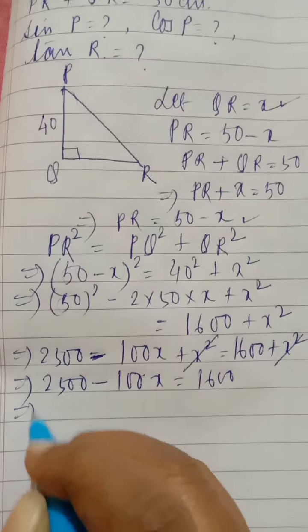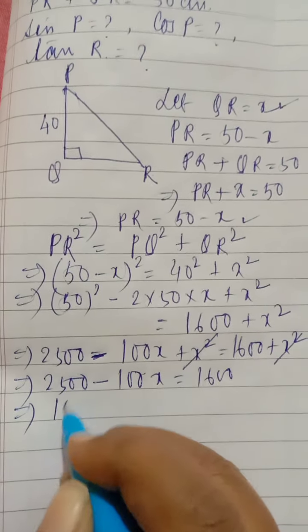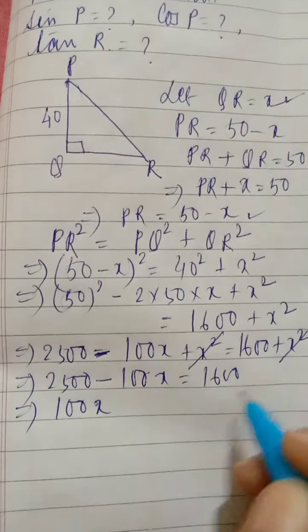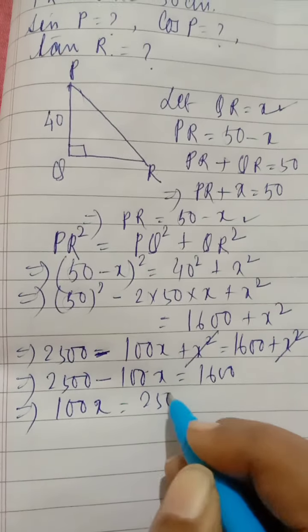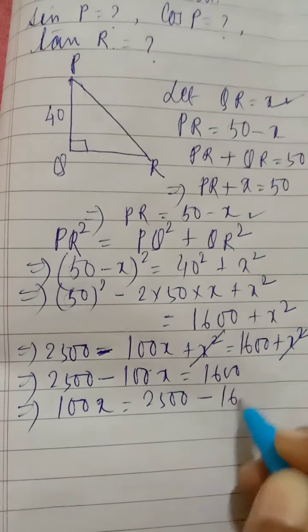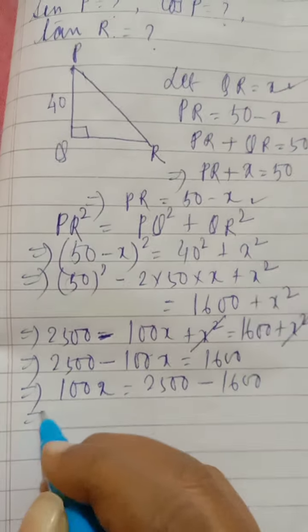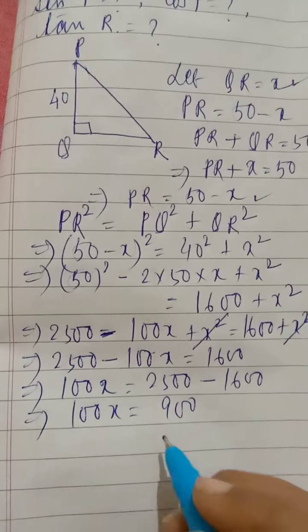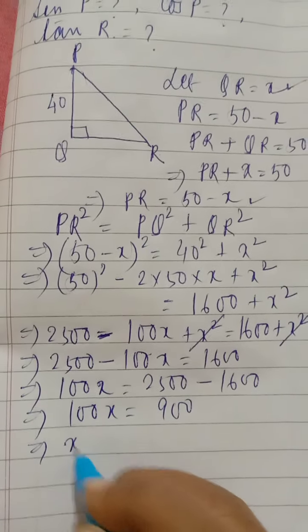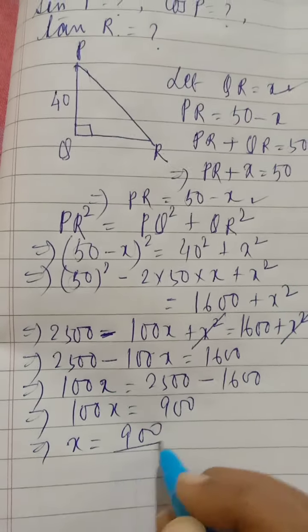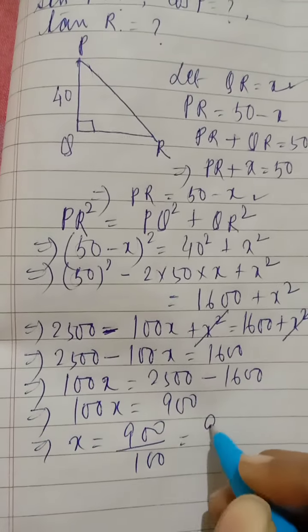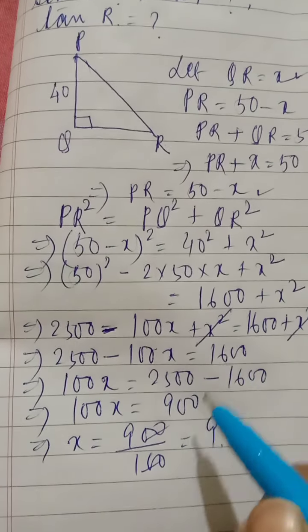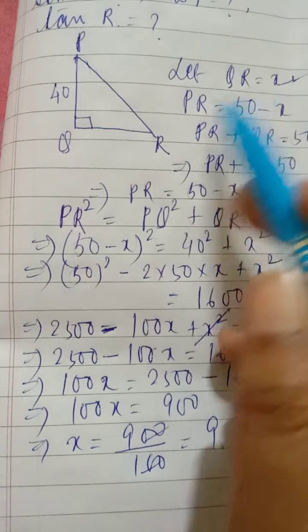Now if you simplify further, if you make 100x positive, it will become 2500 minus 1600. So this implies 100x is equal to 900. So this implies x is equal to 900 by 100, so it's 9. We have taken x as QR here.